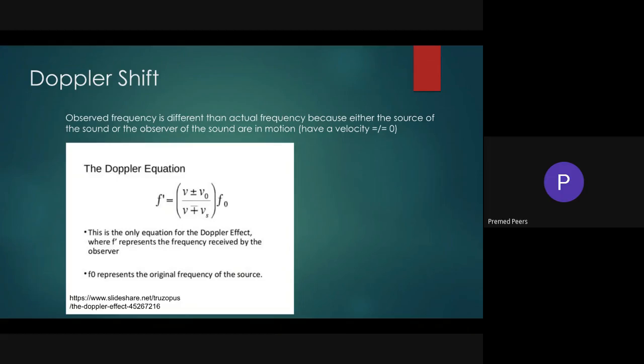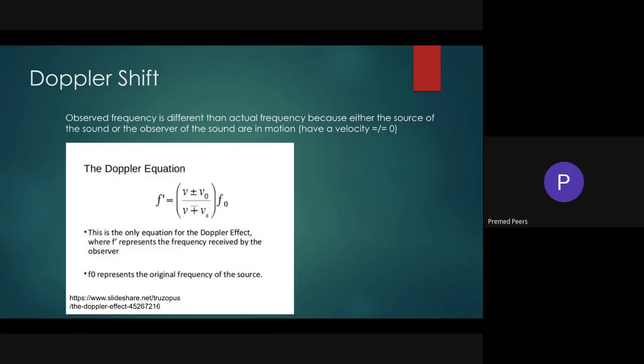Say you're standing somewhere and you have an ambulance coming towards you. The pitch seems higher than the actual pitch of the siren because it's coming towards you. And then once you're lined up with the ambulance and it's going away, the pitch seems to get lower than its actual pitch. And that's all having to do with the relative motion of the ambulance.